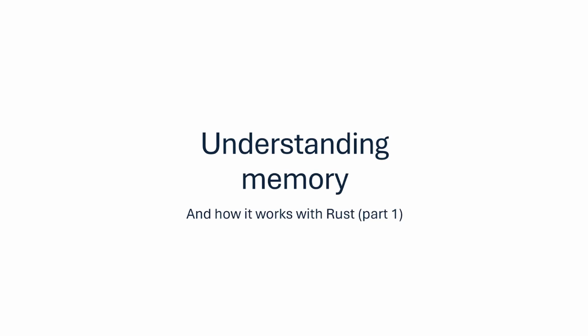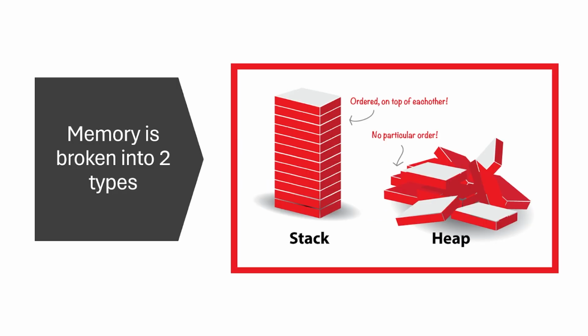So in this video, we're going to talk about memory in Rust, and most programming languages, but specifically for this video, Rust, okay? Firstly, the two types of memory that we talk about when we're talking about applications are stack memory and memory that goes on the heap, right?